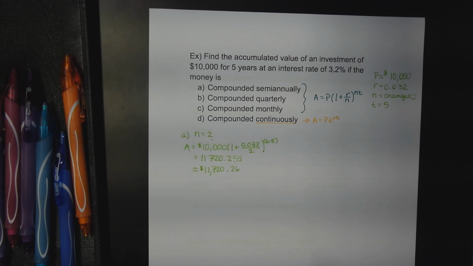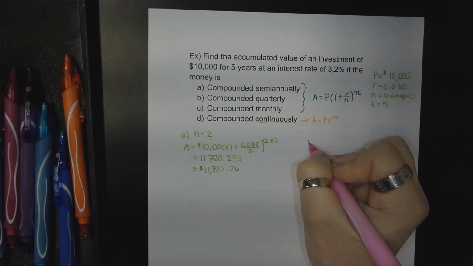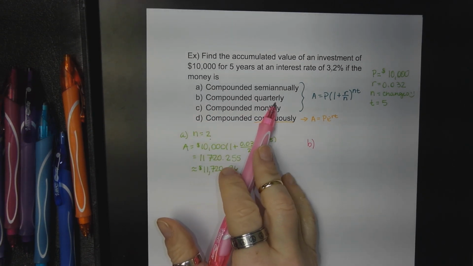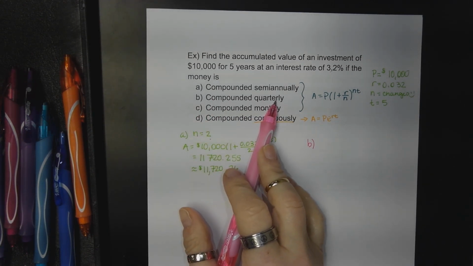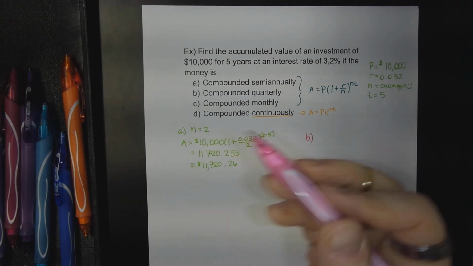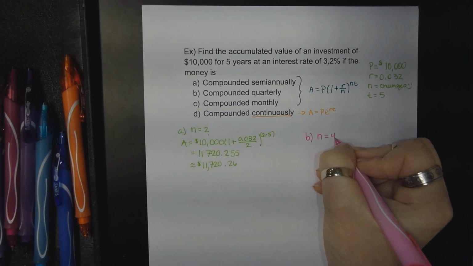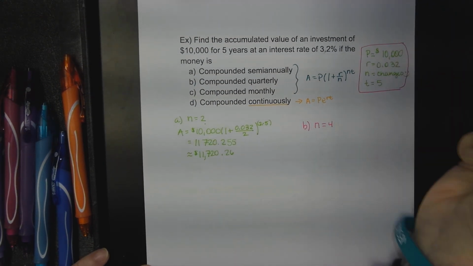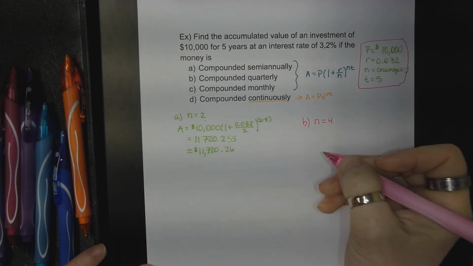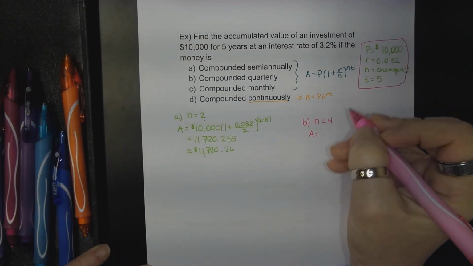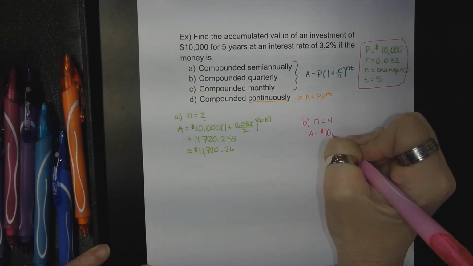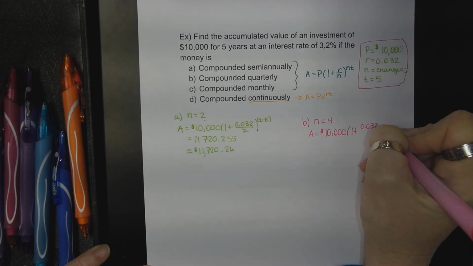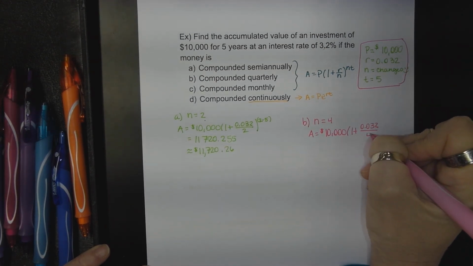Now let's do B. For B, compounded quarterly, how many quarters are in a year? Same as in a dollar. How many quarters are in a dollar? So our N is going to equal 4. Okay, we're going to use the same key. So we're going to have A, once again, our P is 10,000 times 1 plus 0.032 over 4. Nothing changes there except for now our N is 4.